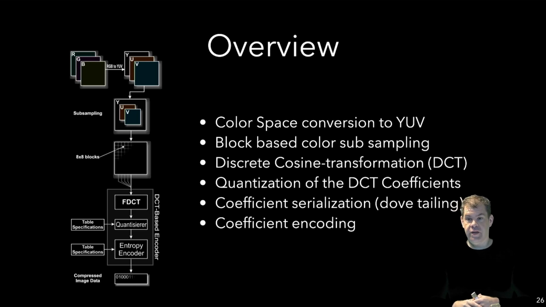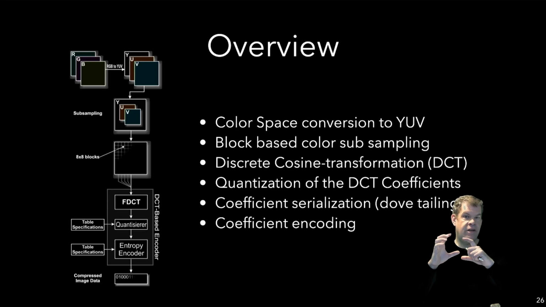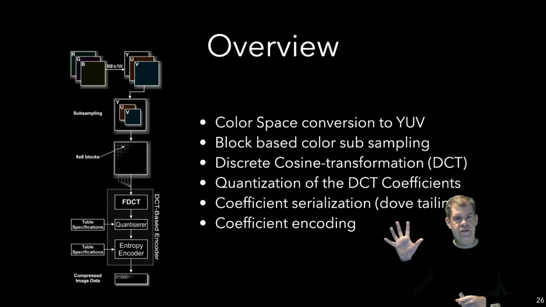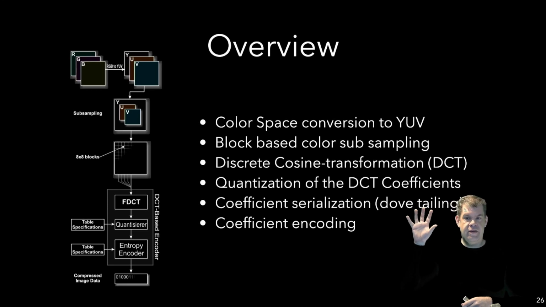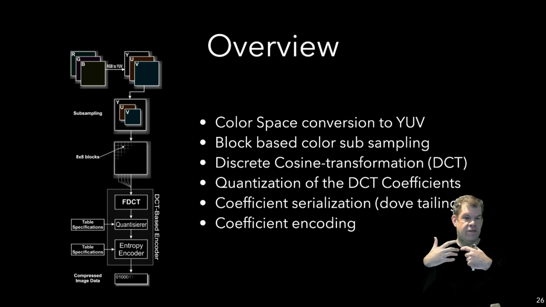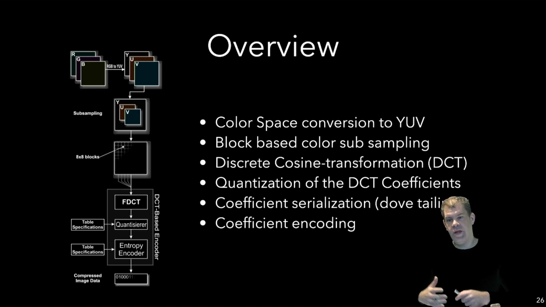What that is, again, in a second. If you've attended computer graphics, you've heard the term YUV before. Then the data is processed block by block. You do DCT, discrete cosine transform. That is quantized. And finally, it's serialized, so it's written to a file and encoded. Let's go through these steps one by one.